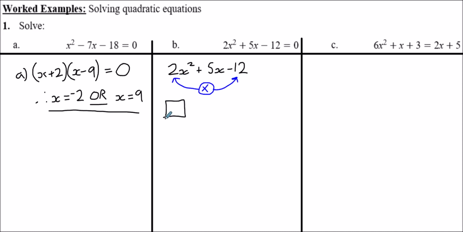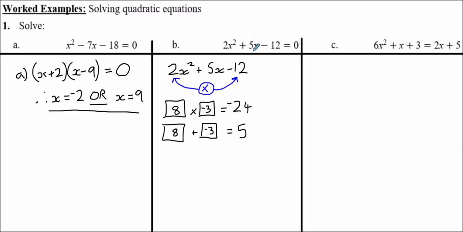That tells us, in order to factorise this one, we're hunting for two numbers which multiply to give us negative 24, and when we add these two numbers, it gives us the 5, as in this 5x. Those two values are going to be positive 8 and negative 3.